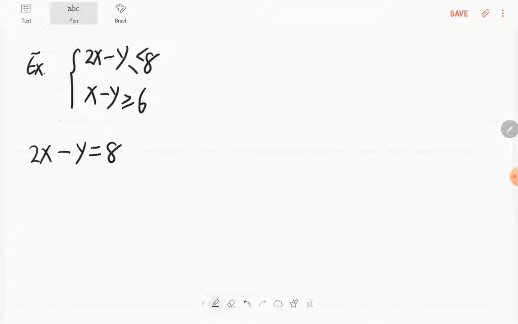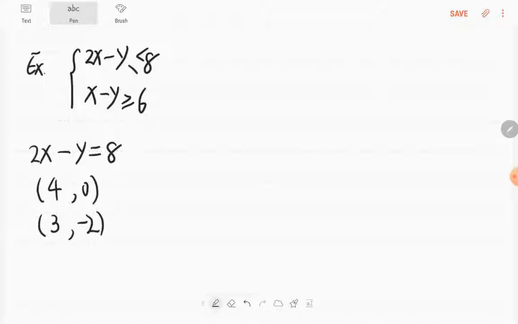So we draw this graph. We can see if y equals 0, x equals 4, right? This is one choice. If x equals 3, then y equals what? Negative 2, right? This is another choice.